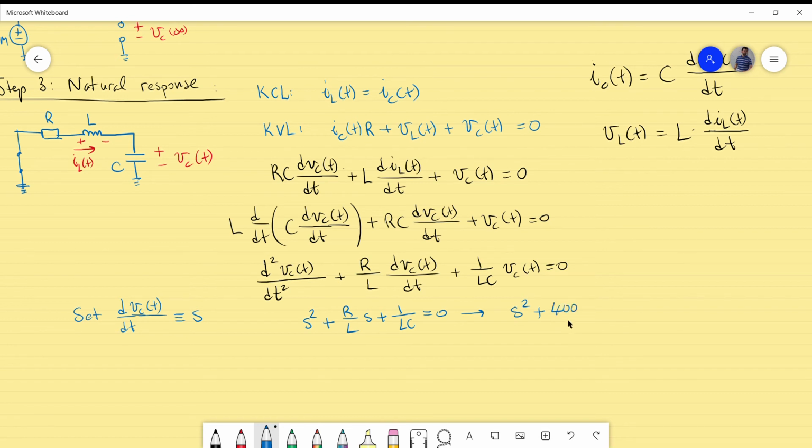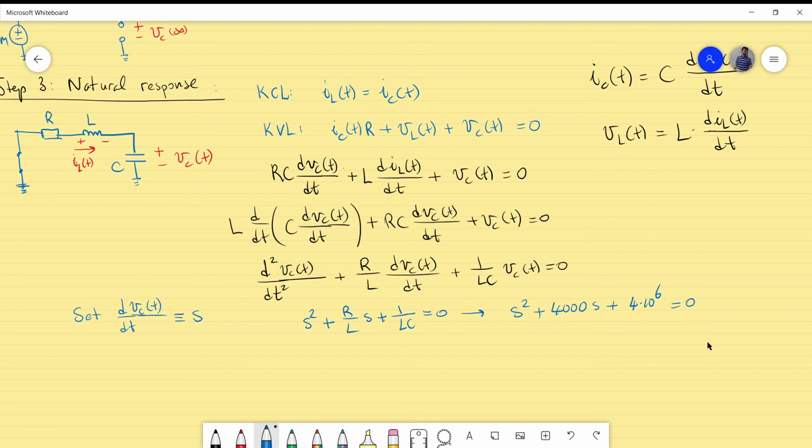So this will give us 4000 S, and plus 1 over 0.25 times 10 to the power minus 6, that's actually the value of the capacitor. You can see that above, then you will have 4 times 10 to the power 6. So this actually is the equation we need to solve.